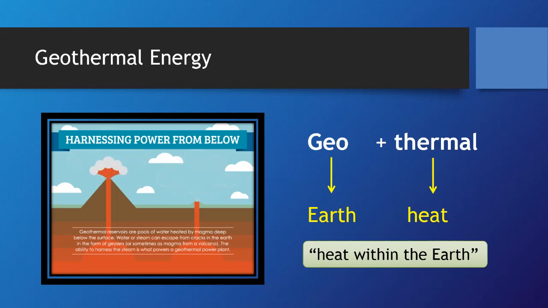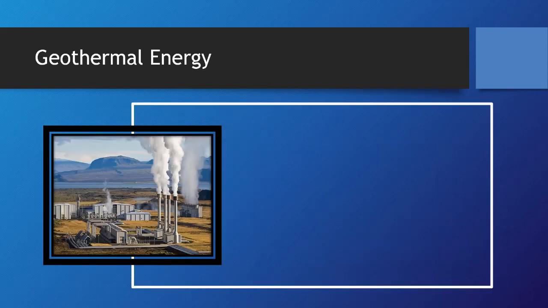Water or steam can escape from cracks in the earth in the form of geysers, or sometimes as magma from a volcano. The ability to harness the steam is what powers a geothermal power plant. Now, people can capture geothermal energy in two ways.